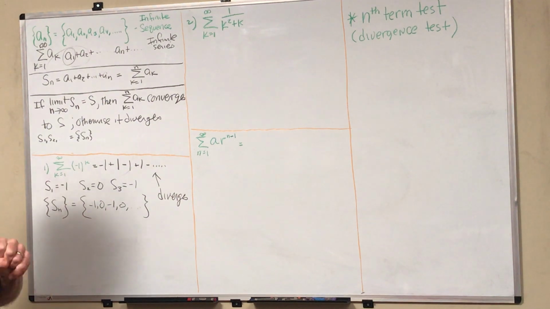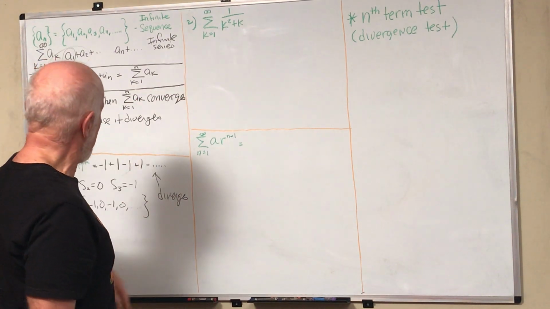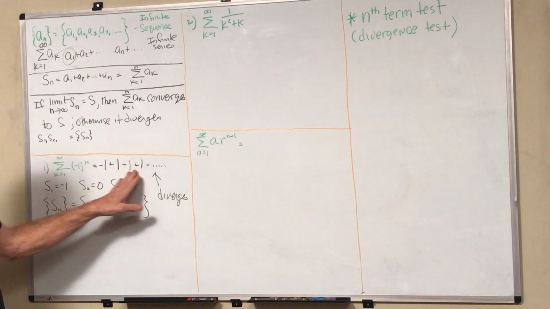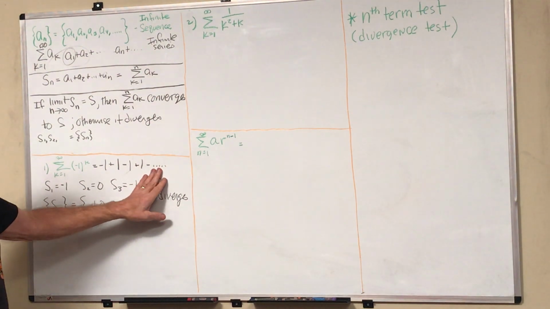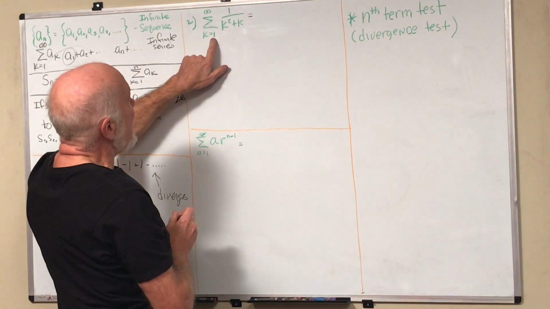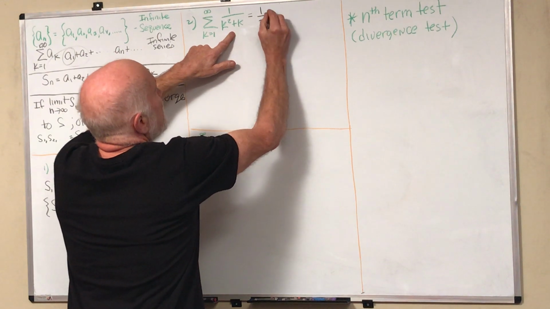Okay, let's try one that might be a little less obvious. This one you could kind of see was not going to converge, but this one is a little bit harder. So if you put in k equals 1, you get 1/2.